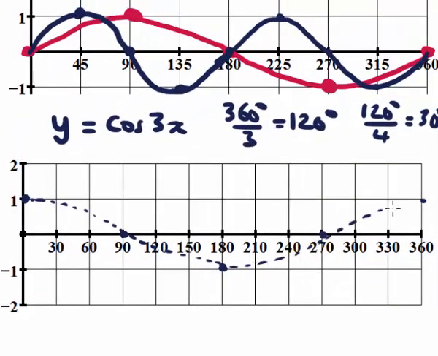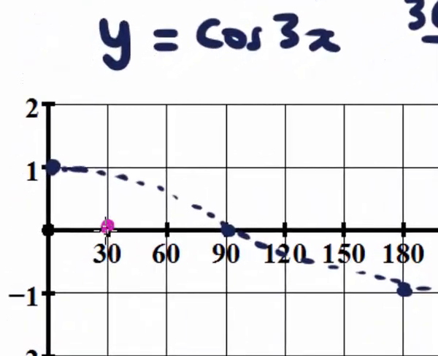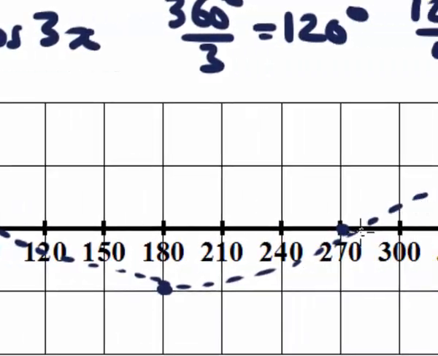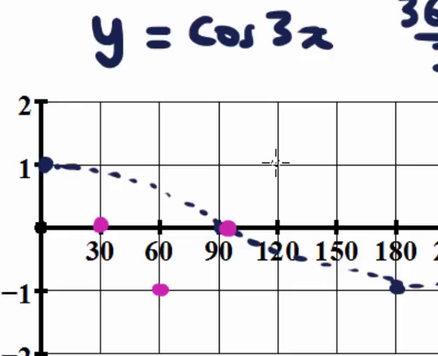The cos curve does this, and if we look at that carefully, that naught stays. 90 divided by 3 is 30, so it goes there, so it comes down. Then 180 divided by 3 gives you 60. 270 divided by 3 is 90, and 360 divided by 3 is 120.